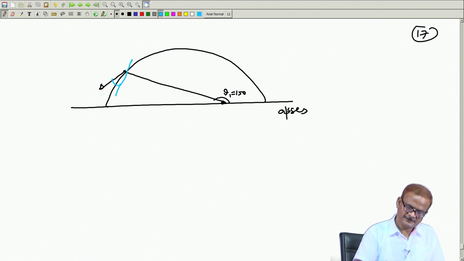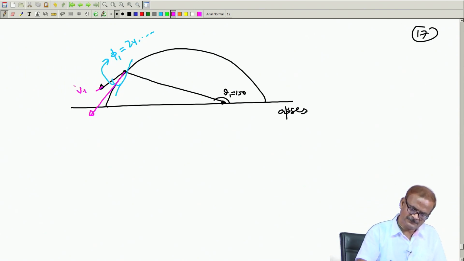So, this angle is phi 1 equal to 24 point something here and the new velocity vector is somewhere here. This is the original, I am not showing the magnitude wise. So, this is V 1 and this is V 2. So, the new angle is from this place to this place. So, this angle is 11 point something. Okay. So, this is your delta phi.